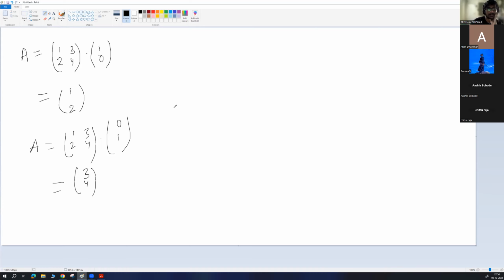Can you draw the column picture of this matrix, 1, 3 and 2, 4, so that everybody understands why we are saying this? So this is 1, 2. This is our I cap, and then we.